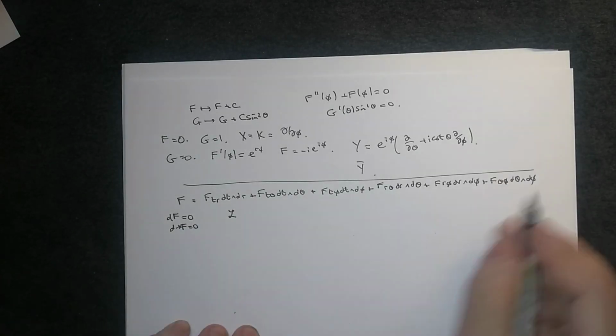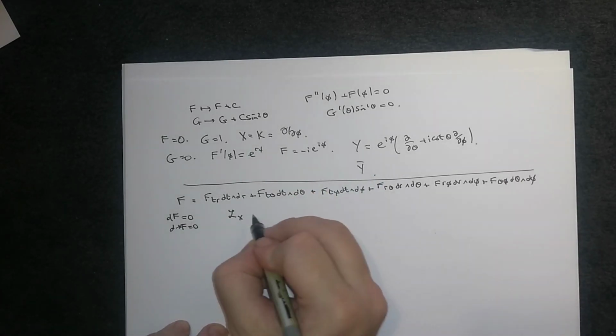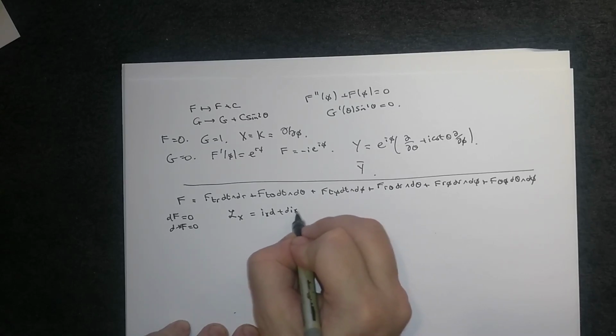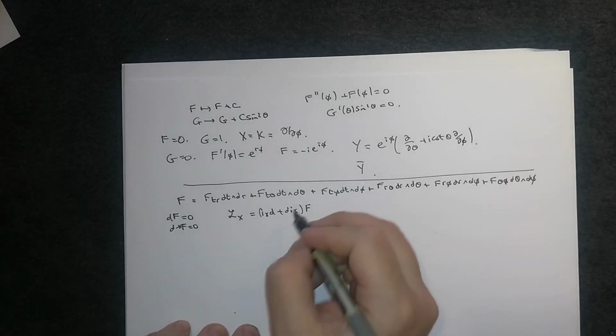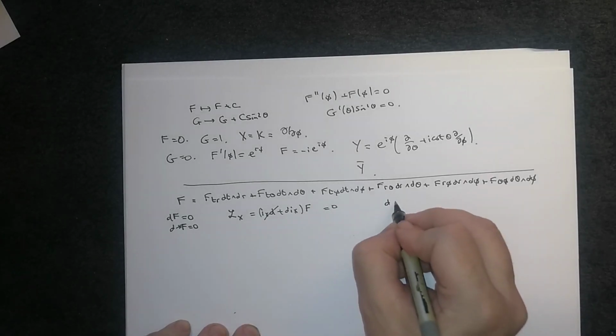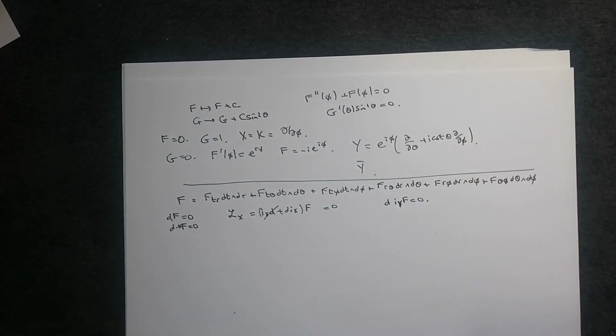We also want this field tensor to be invariant under these Killing vectors. So the Lie derivative along x is i_x dF plus d i_x F, but dF is 0, so I just need that, and similarly for y, that's also 0.